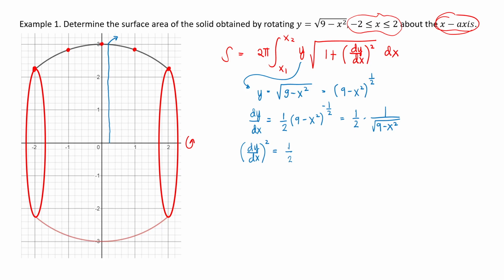So 1/2, then times 1 over square root of 9 minus x squared, and then square, di ba? So you're going to have 1/4 times 1 over 9 minus x squared.